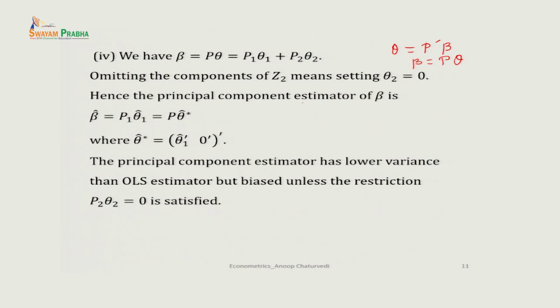Hence, the principal component estimator of beta is beta hat equal to P1 theta 1 hat, and theta 1 hat you have already obtained.